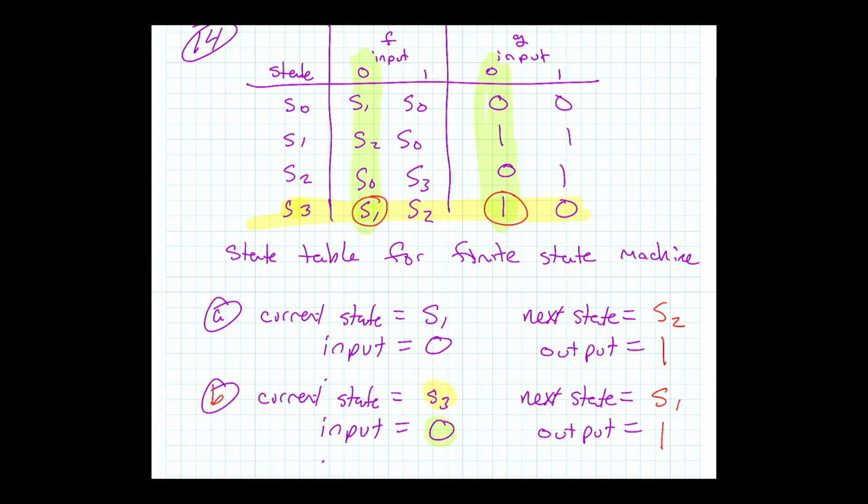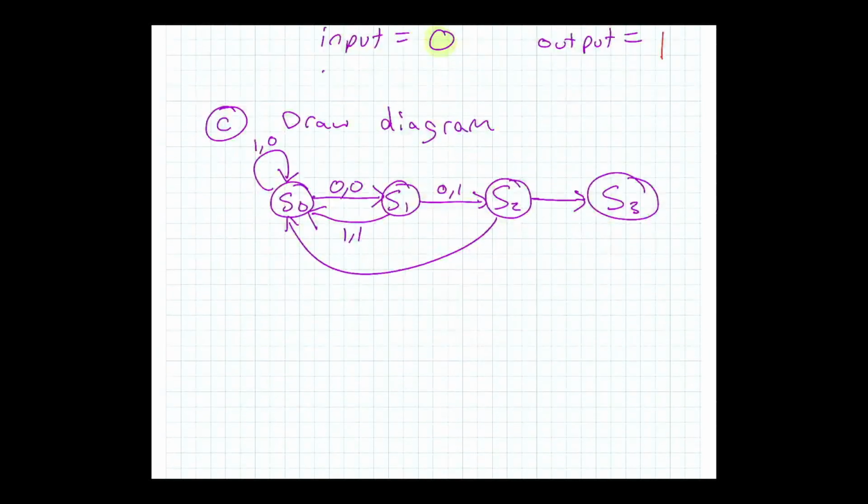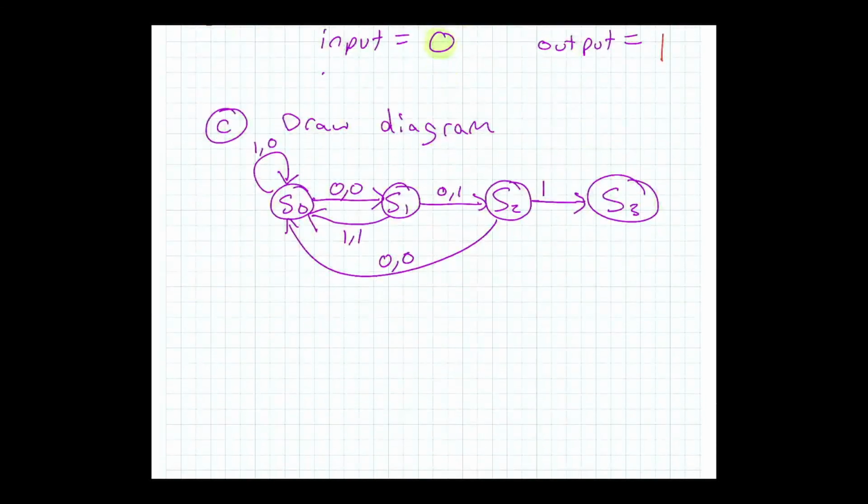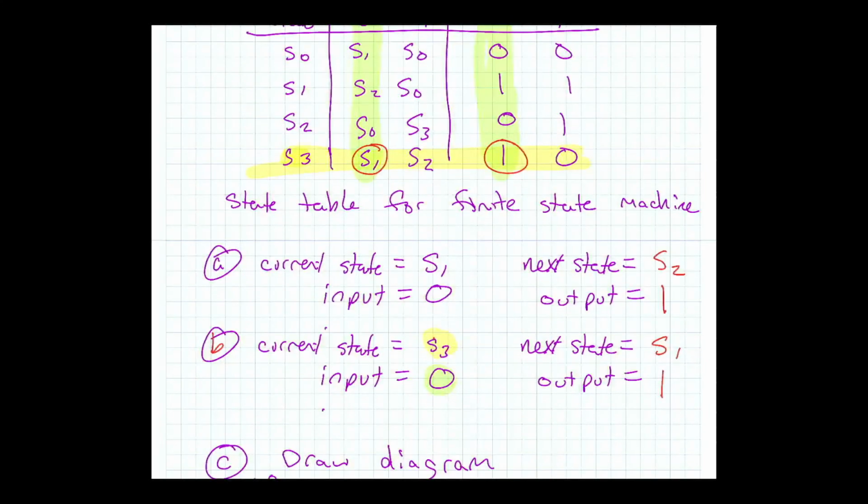So the one that goes S2 to S0 is input 0, output 0. So 0, 0 on the one that goes to 0. The other one goes to S3, and that's input 1, output 1. And that's it for that row.